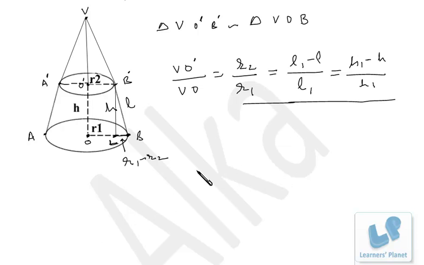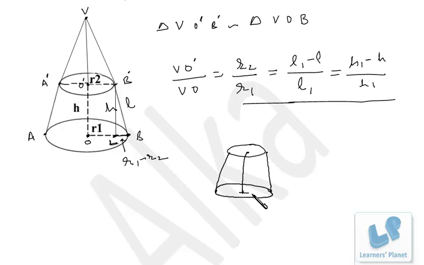Now friends, I take a practical example. I just take a question where we have to find the volume of a frustum. So the question given is, draw a frustum over here, just wait for a moment.